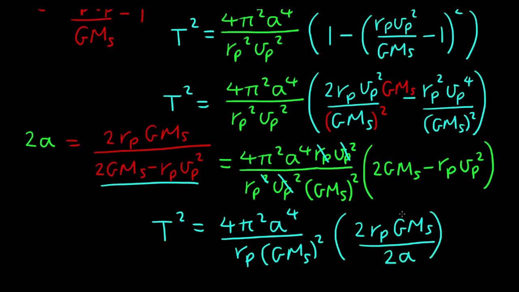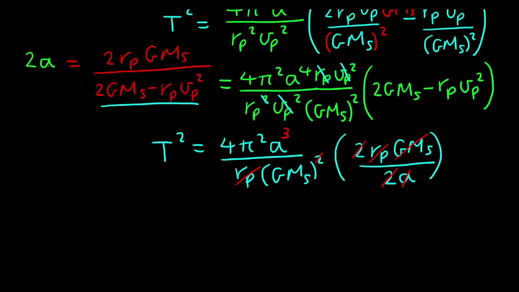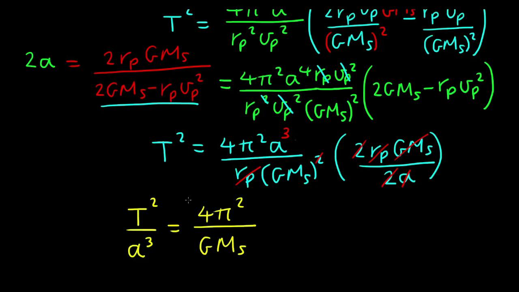And now doing some cancellations, rp cancels with rp, GMs cancels with this one, and one of these a's cancels with this one, so we get a cubed, and the 2's cancel. So dividing through by a cubed, we get T squared on a cubed is 4 pi squared on the gravitational constant by the mass of the Sun. And this here is Kepler's third law.